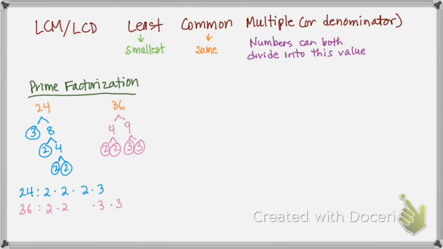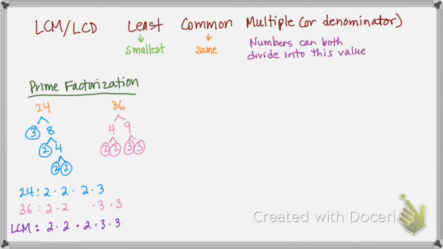I had a partner for 1 of the 3's, but the other 3 didn't have a partner. So what LCM says is that I'm going to take a number from each column, and I multiply them together.